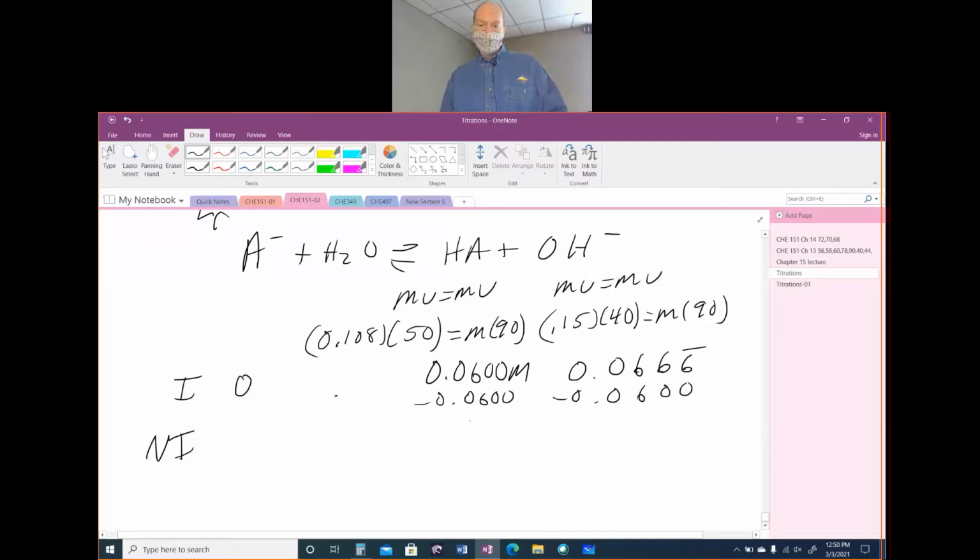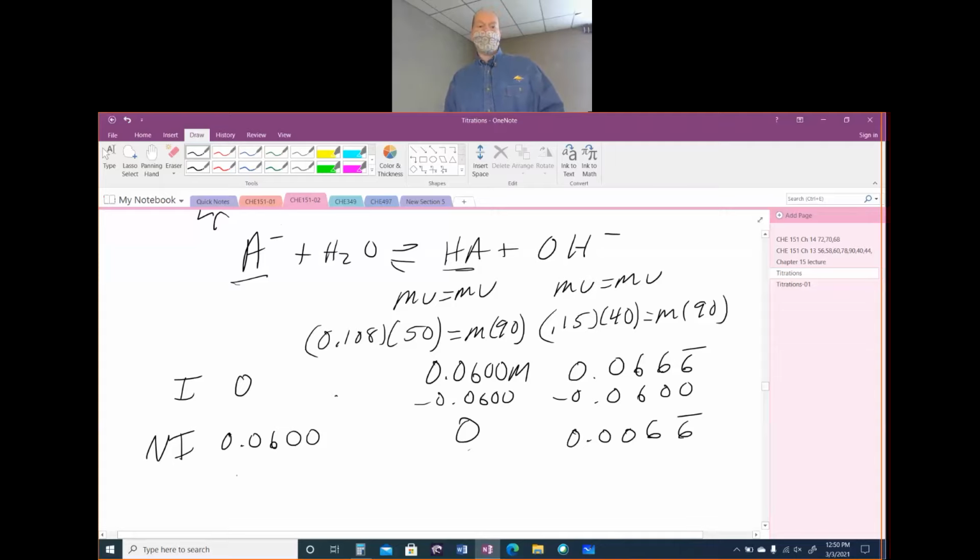And so our HA is going to 0. We passed the equivalence point, so we have extra OH minus, and that is 0.06, just a repeating 6. And here we have 0.0600. All right, we do not have a buffer because we have A minus, but we don't have any HA. HA is 0. All right, and so you would have to go to your equilibrium.